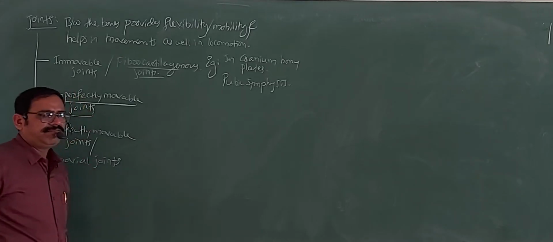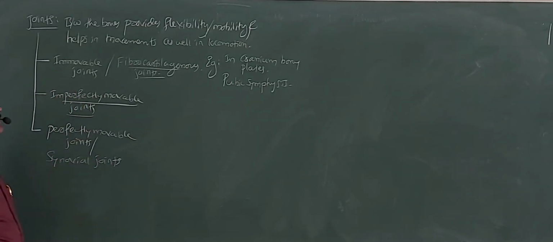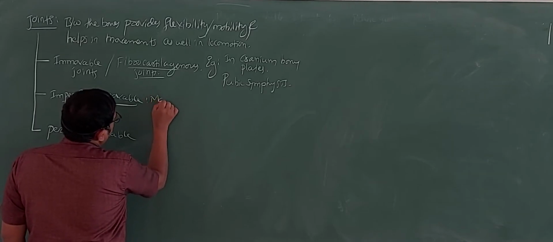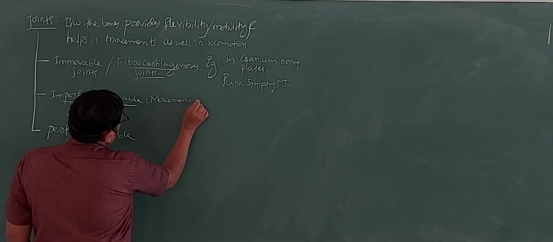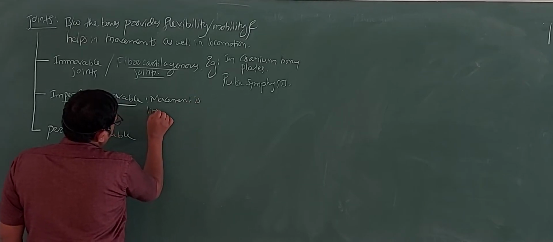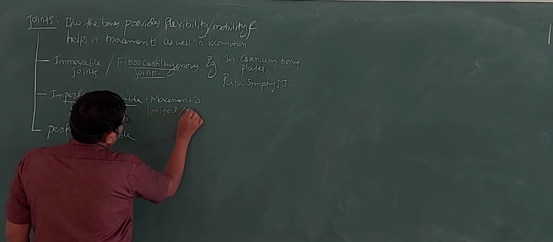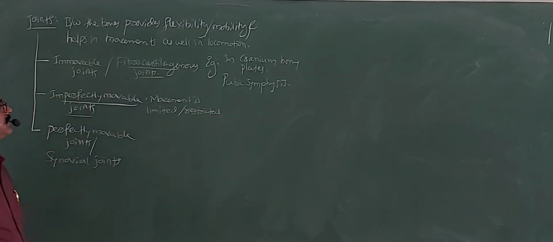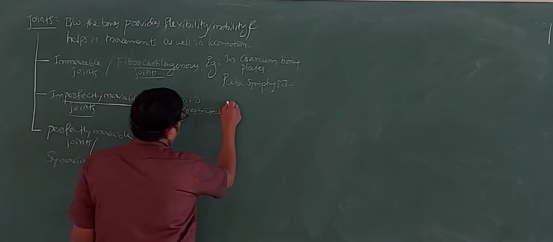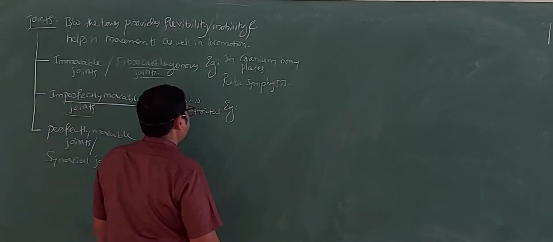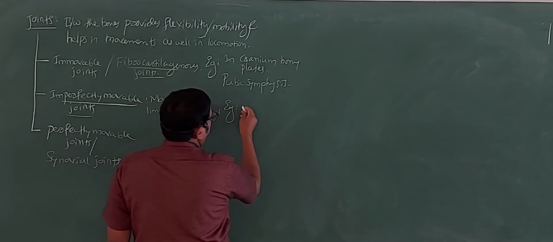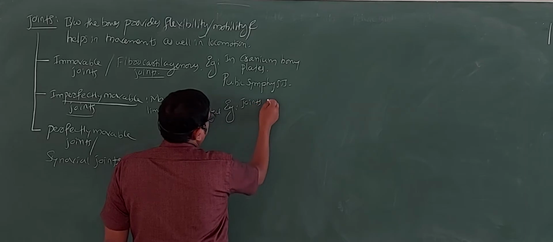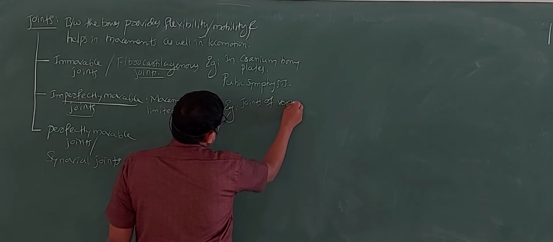Then imperfectly movable joints. Here the movement is limited or restricted. The best example for this is the cartilaginous joints of the vertebrae, the joints of the vertebral column.